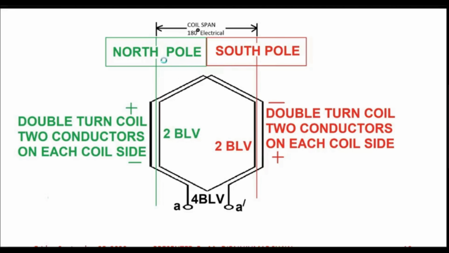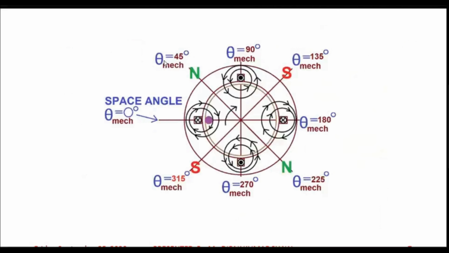Let me take you to this particular diagram. You can see over here that the magnetic lines of flux under the north pole are directed away from the north pole face. So the direction of magnetic flux density vector B would be directed away.